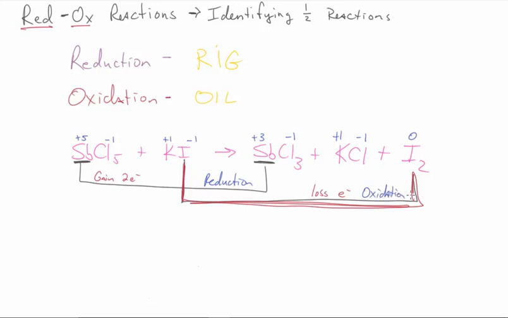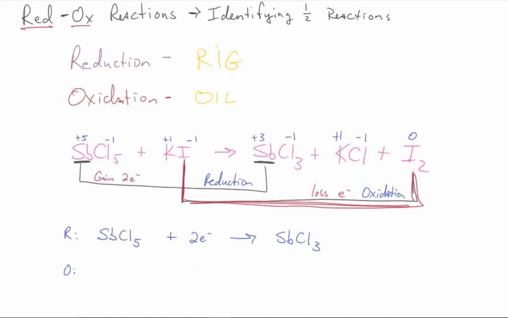Now we can separate these out and start showing what actually happened. I've written out my reduction reaction, and then I'm going to have my oxidation. I'm not worried about balancing anything else out yet. I see the chlorines are different, and we're going to get to that in another installment. Right now, we just want to be able to identify and break out our half reactions.